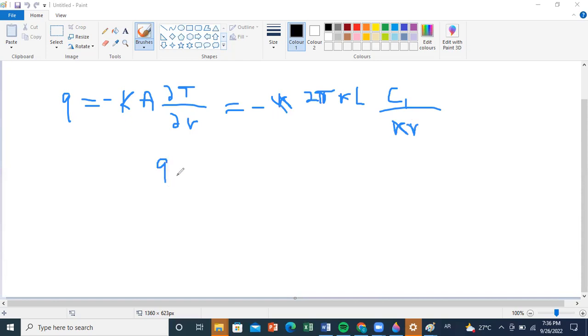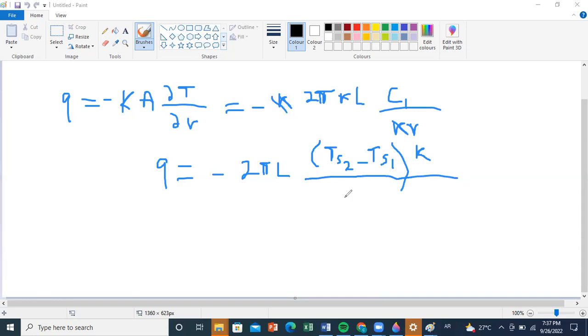So we simplified this, K and K, R and R. So we got that this is equal to minus 2 pi L times, for C1, TS2 minus TS1 times K over ln R2 over R1.